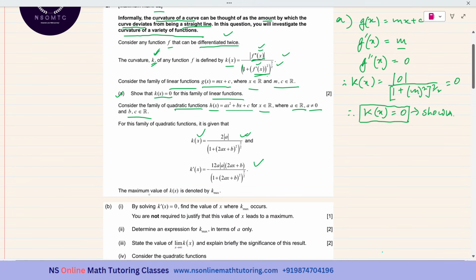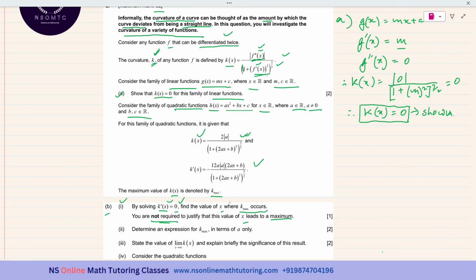The maximum value of k of x is denoted by k max. Subpart B has 4 subparts. Subpart I says: by solving k prime of x equal to 0, find the value of x where k max occurs. You are not required to justify that this value of x leads to a maximum, because first derivative equal to 0 means that value of x is the x coordinate of a stationary point.